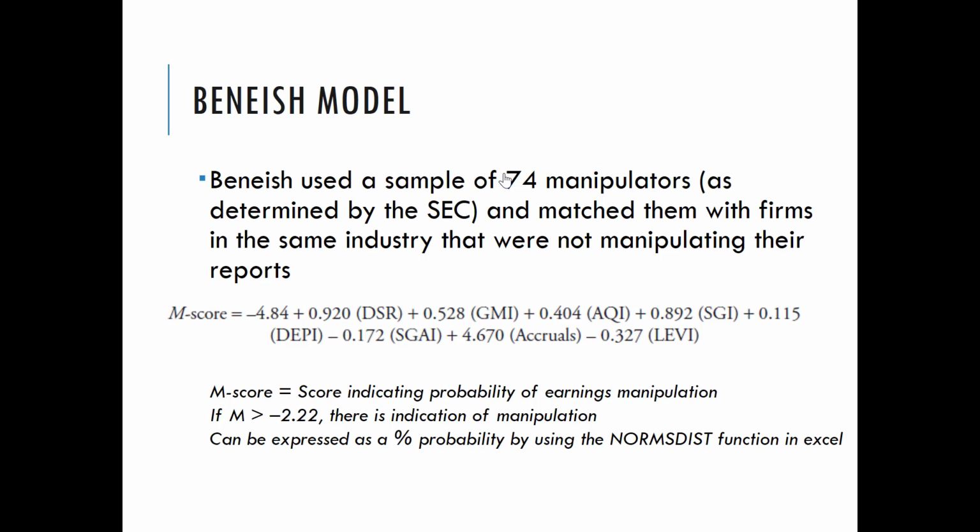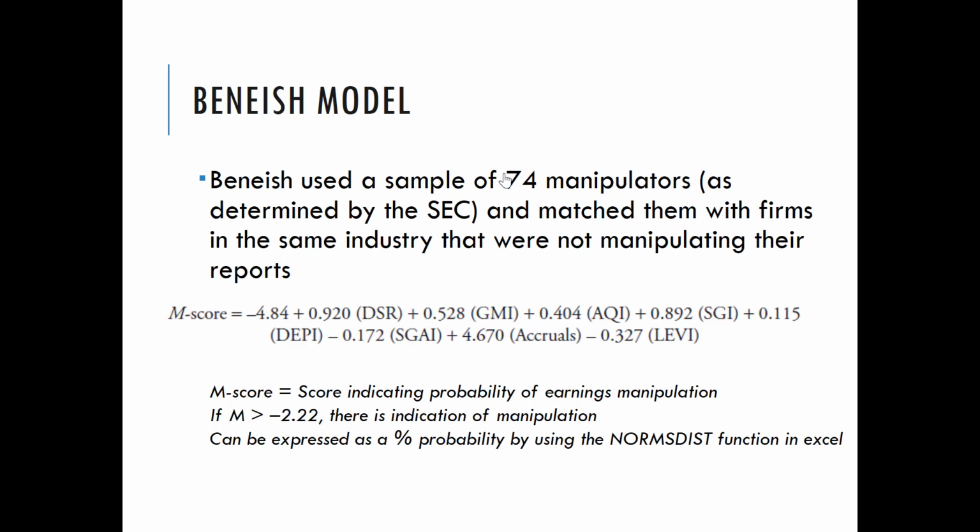Again, it looks at 8 different things, and it works similarly in the sense that you have the value for that variable multiplied by a coefficient, sum them all up, and you get an M-score. The big difference here is really around the fact that, one, we have an intercept. So if you remember back when you did econometrics or something, you sometimes estimated a model with an intercept or a constant.